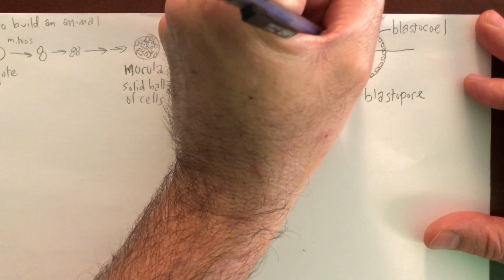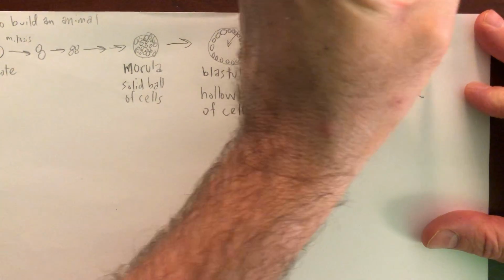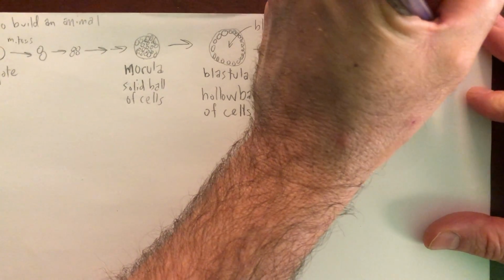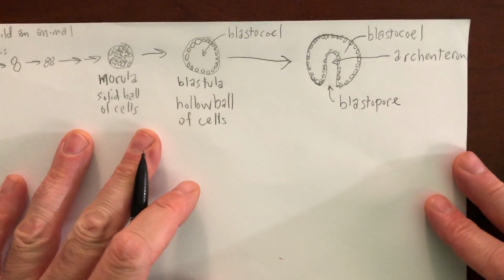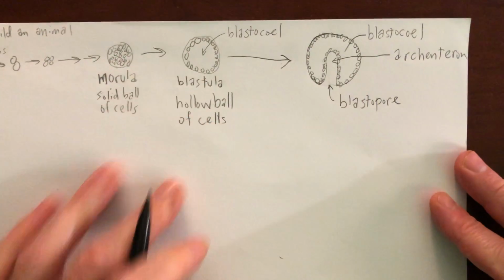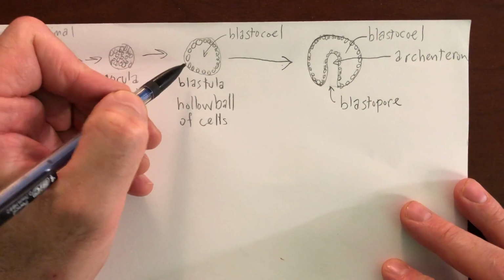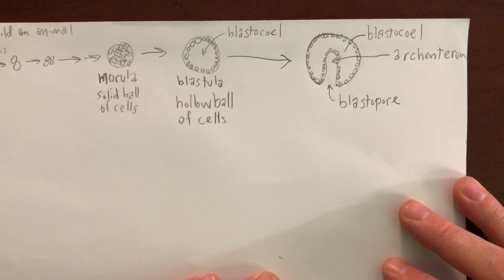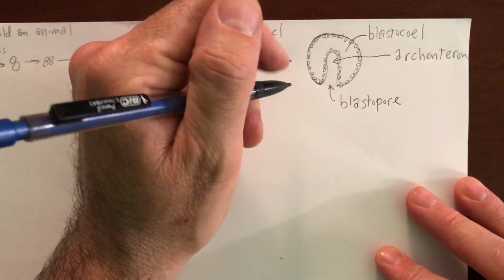One thing that's happened is now we have this blind pocket in here, which is called an archenteron. But we have not just one layer of cells like we had over here in our normal blastula. We've got 2 layers, an inner and an outer layer.